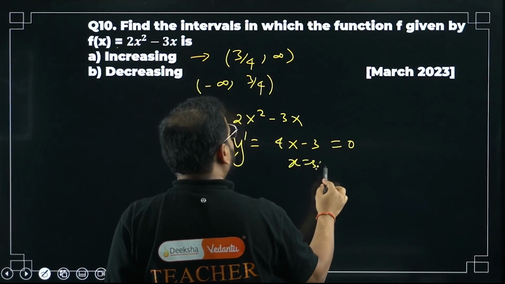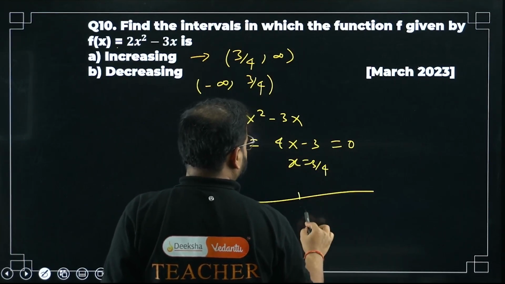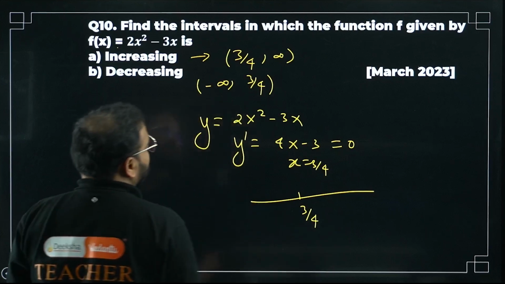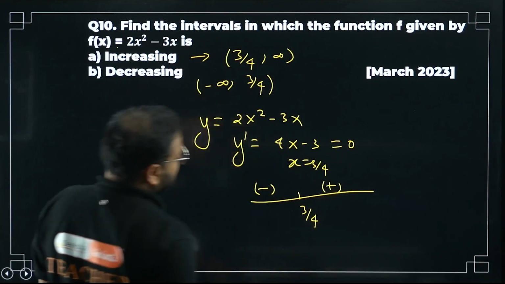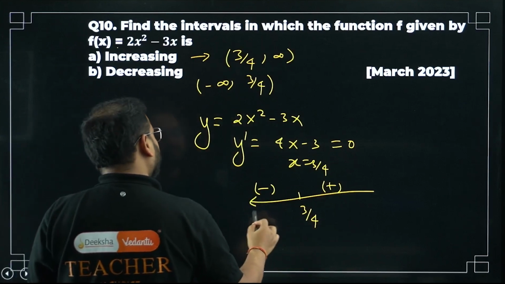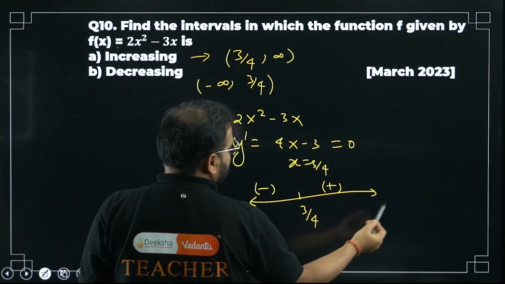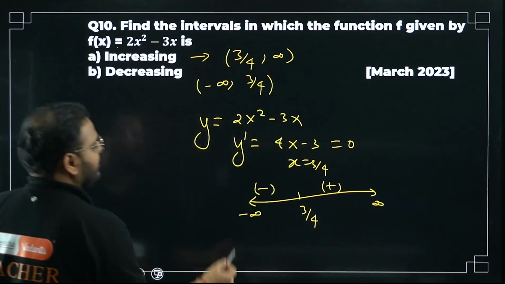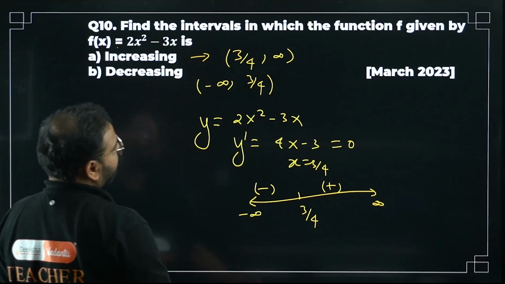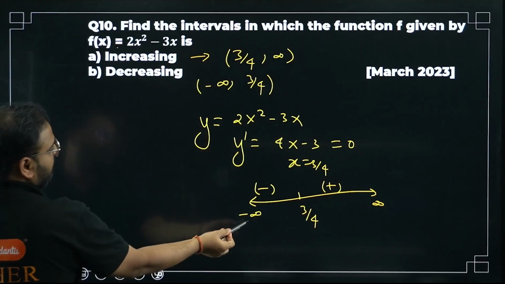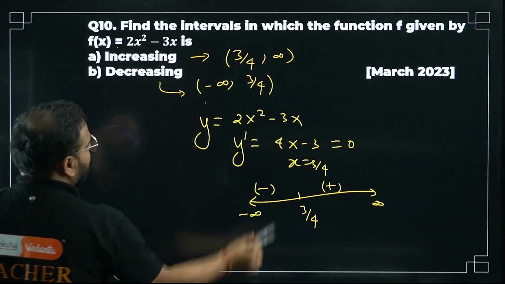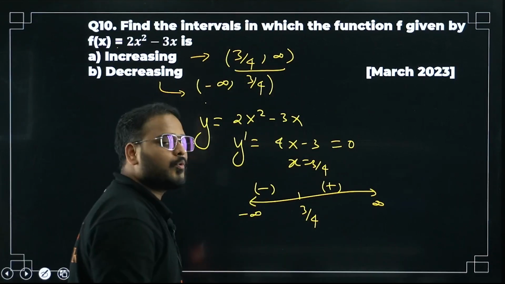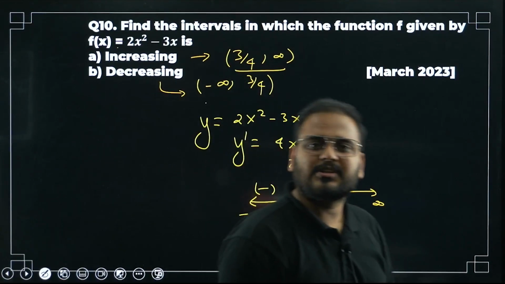X is simply 3 by 4. This was coming as negative and this was coming as positive. So decreasing in the interval from negative infinity to 3 by 4, and increasing in the interval from 3 by 4 to infinity. Is that clear? Question number 4.